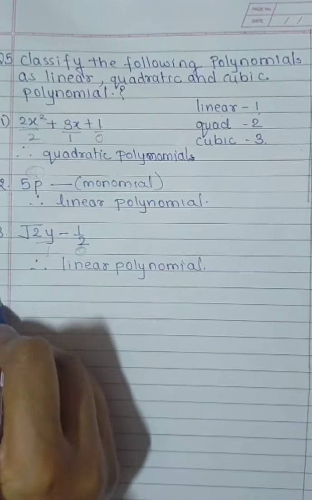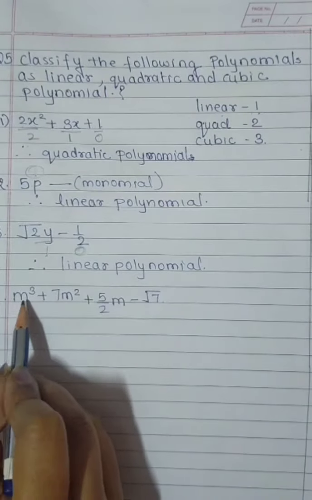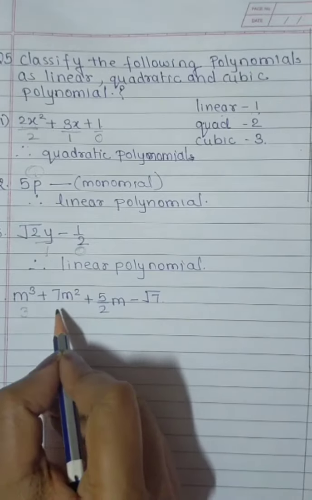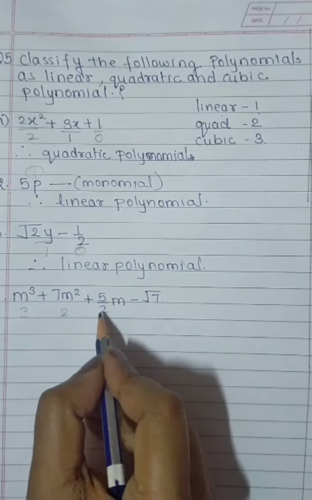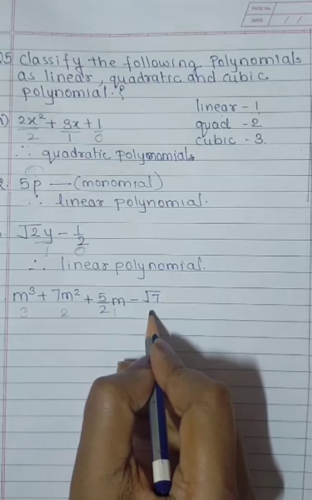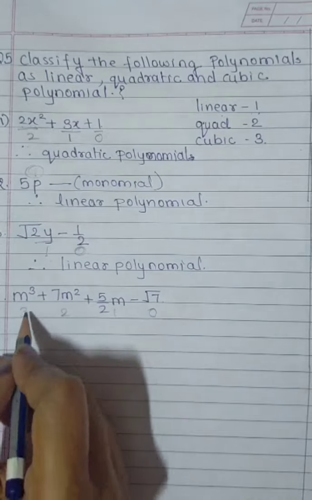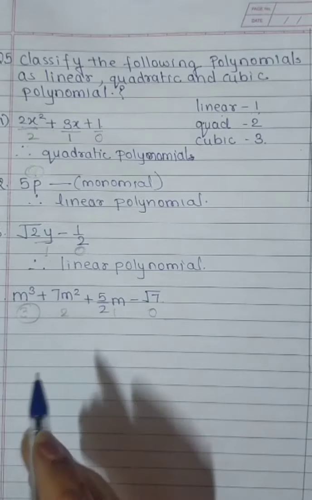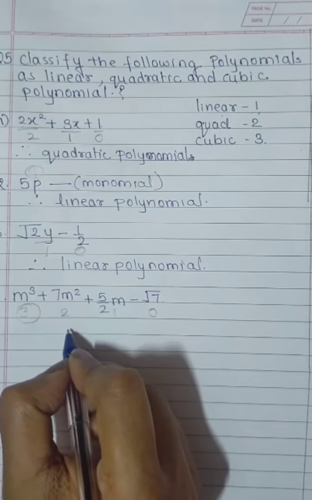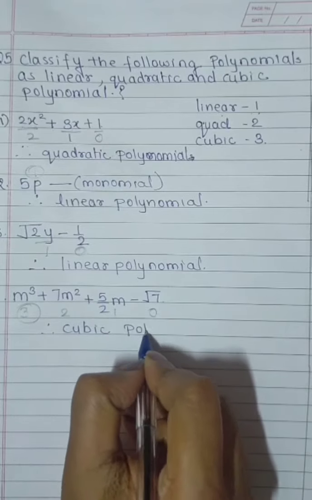Now the fourth one: here you can see m cube, it's a degree 3. Here 2 degrees, here 1, and this one with the coefficient number is 0. The bigger degree is 3, so it's a cubic polynomial.